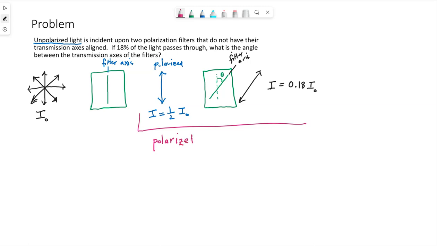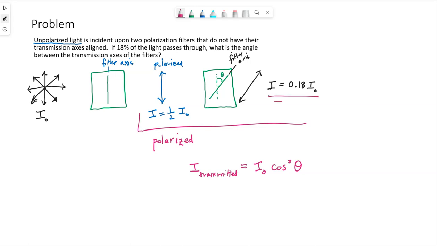Polarized light shining on a filter. The equation that represents the transmitted light is I naught times cosine squared of theta.